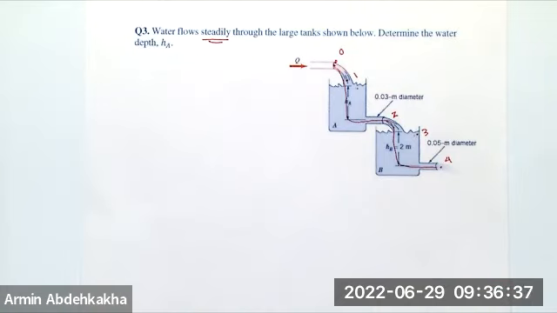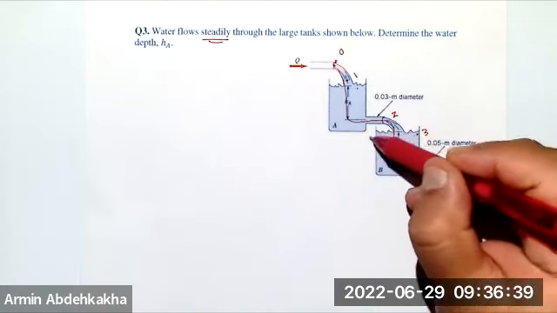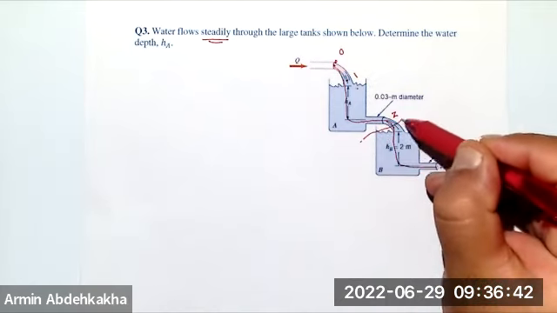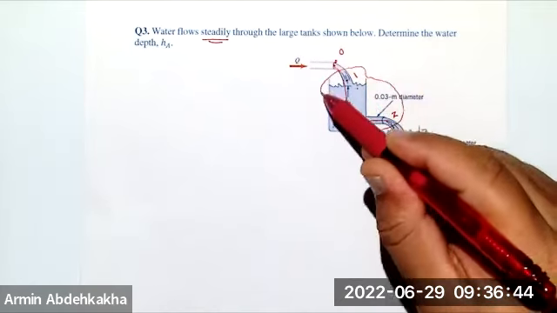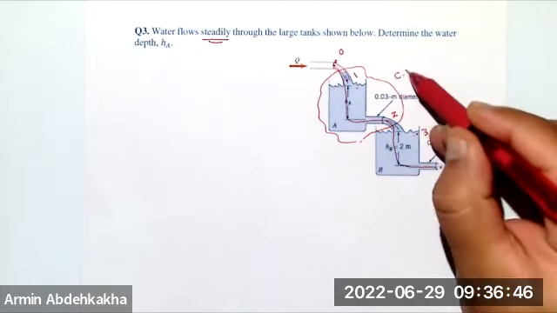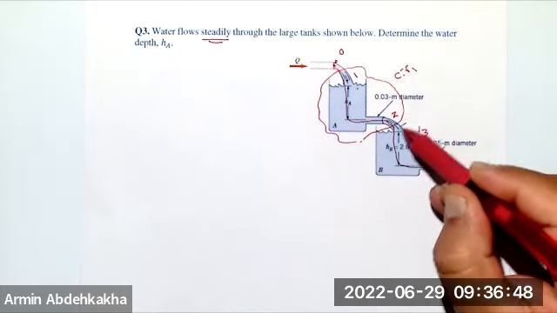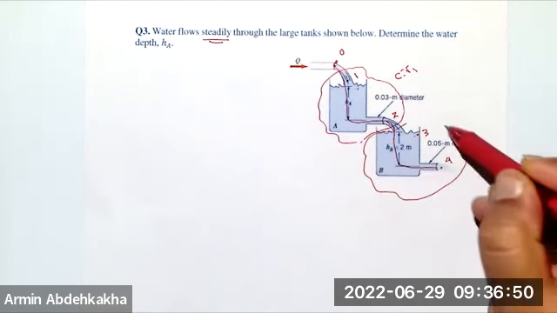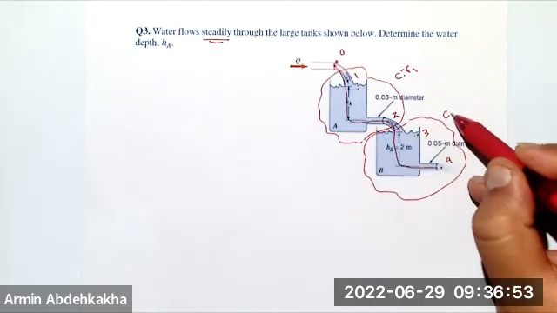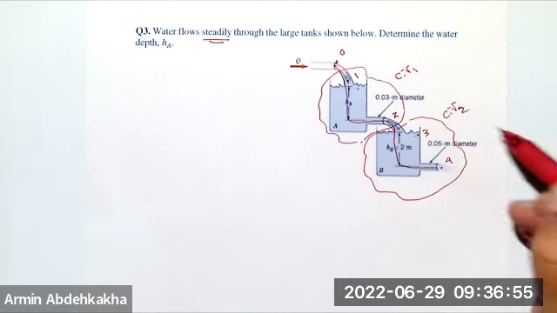What else? If I assume that I have a control volume here, that's my first control volume. And also I have another control volume here, which is my second control volume.